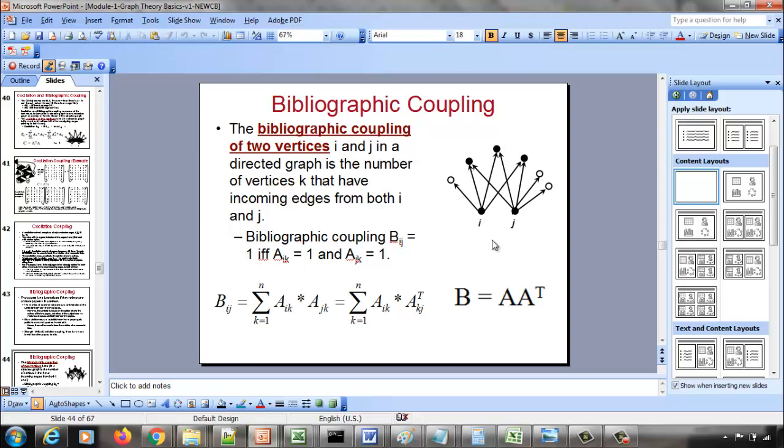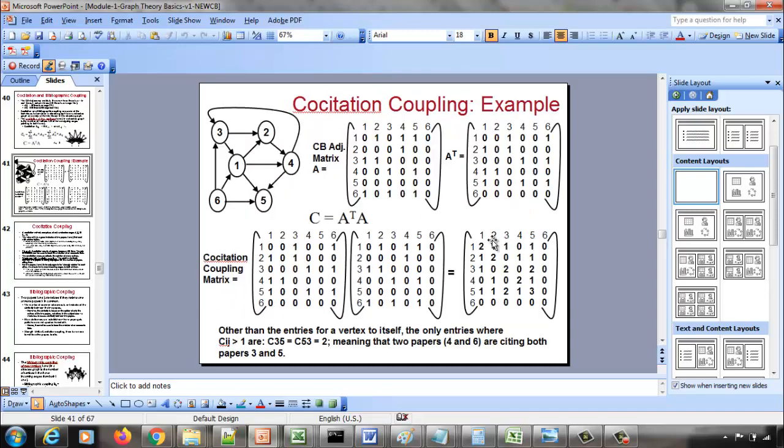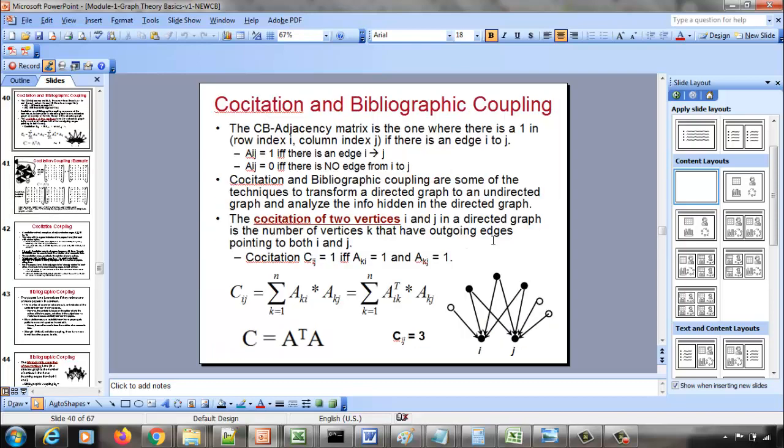You can evaluate this measure after the two papers I and J are published. Is that clear? So you see the difference between this and co-citation coupling. For co-citation coupling, it takes time for the number of papers that cite both I and J to increase. Okay, so this is the other way. Co-citation coupling means other papers should be citing I and J, and that will take time.